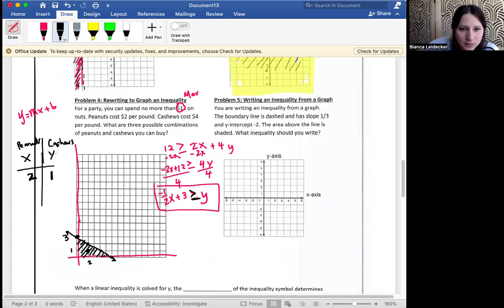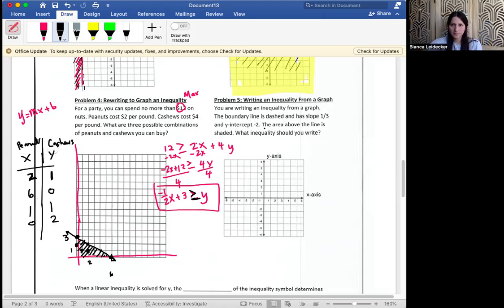You could have 6 pounds of peanuts and 0 pounds of cashews. You could have 1 pound of each. You could have 2 pounds of cashews and 0 pounds of peanuts. All of these combinations will give you an amount that is less than $12.